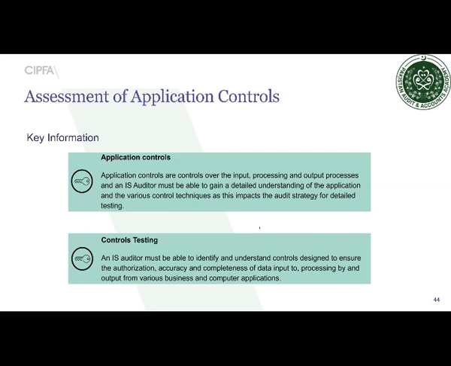So we've already talked about how an IS auditor must be able to identify and understand controls designed to ensure the authorization, accuracy, and completeness of the data input, processing, and output from various business and computer applications.